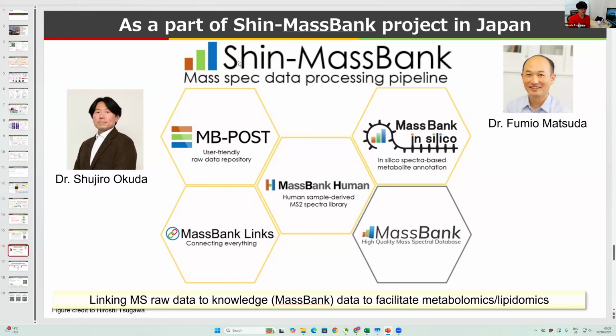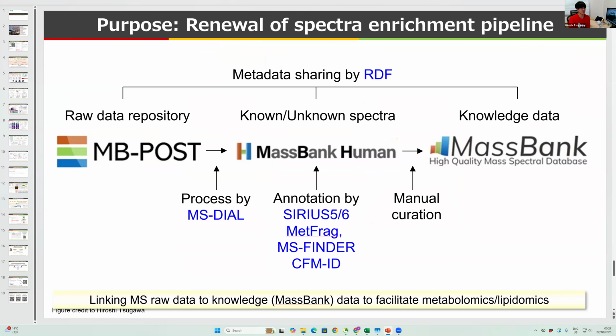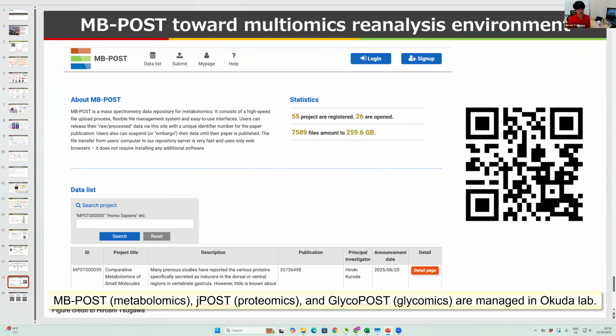And one topic in this MassBank project is to develop a novel data repository in Japan, so-called MB Post. Our group actually launched a new data repository, MB Post, hosted on a Japan server, where you can upload mass spectrometry raw data into MB Post.